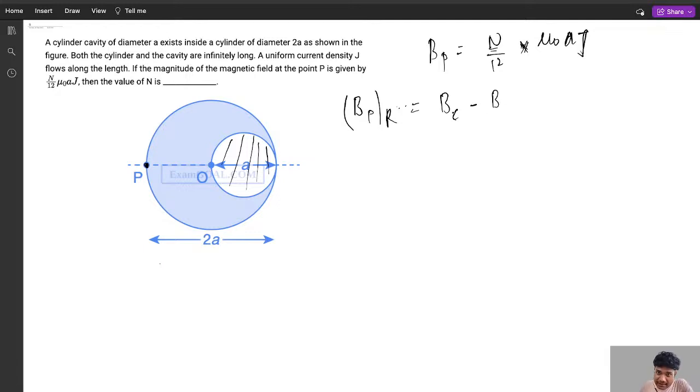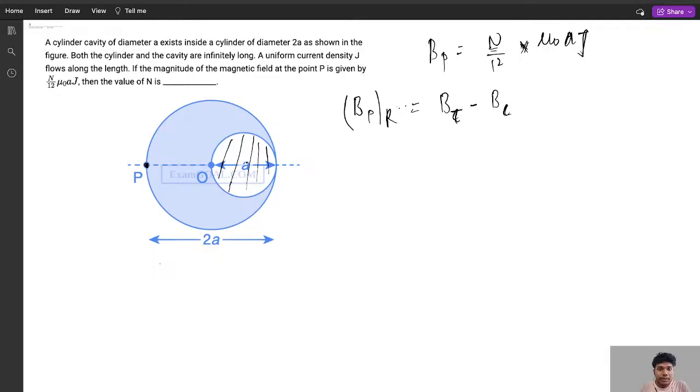I told this as due to the cylinder, the total, and this as due to the cavity. Okay, first we find the magnetic field; we apply the reduced mass concept here, as we do in reduced mass, the same thing we do here.